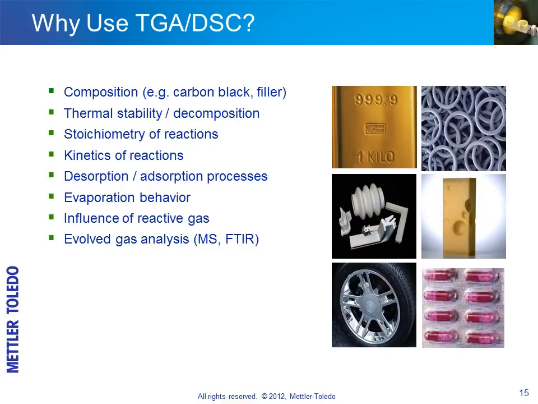Other applications include the investigation of desorption or adsorption processes, evaporation behavior, and the influence of reactive gases. Evolved gas analysis of decomposition products using hyphenated techniques such as mass spectrometry or Fourier transform infrared spectroscopy provides additional information about the sample.